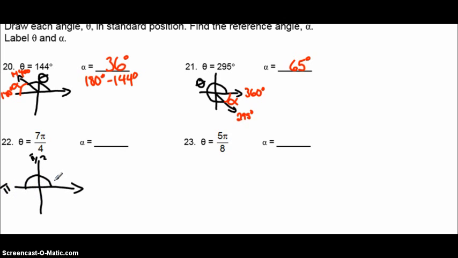In fact, if we go by fourths, halfway, 1, 2, 3, 4, 5, 6, 7 pi over 4 is going to be over in this quadrant. Okay, so we're going there. Alright, so there's our theta. And this is 7 pi over 4, and this is 2 pi.